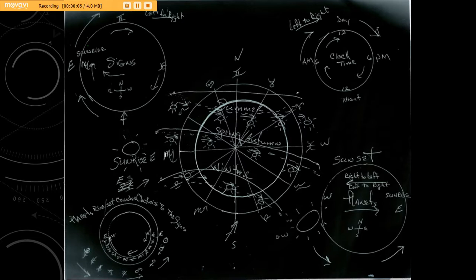Okay, let us consider the forwarding picture, the diagrams, the patterns before you. Basically, this is a natal birth chart in the middle.